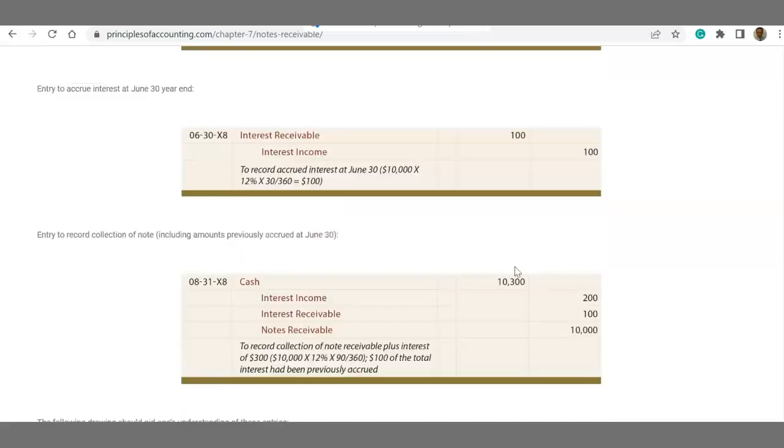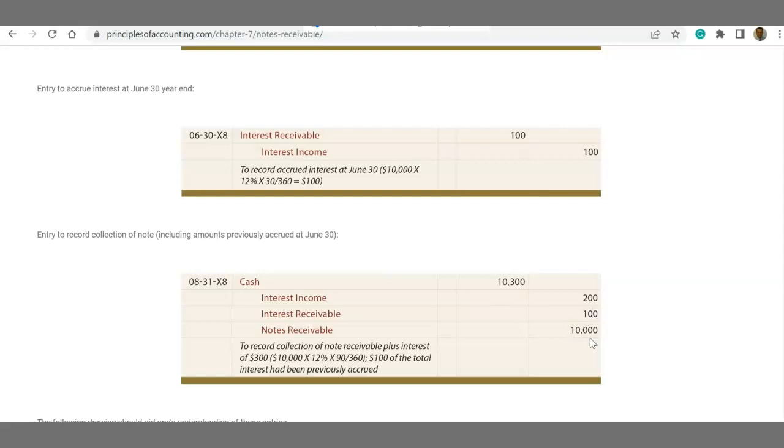So if you recorded 1 month of interest already, then a month later, let's say 2 months later, whenever you are collecting this note receivable, including interest, because you already have $100 interest receivable here, make sure you close that.